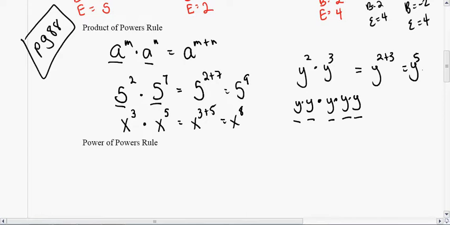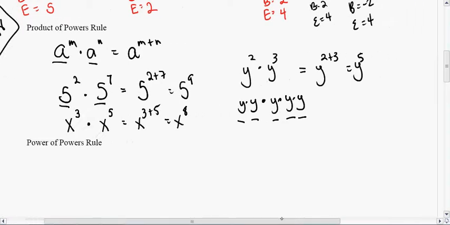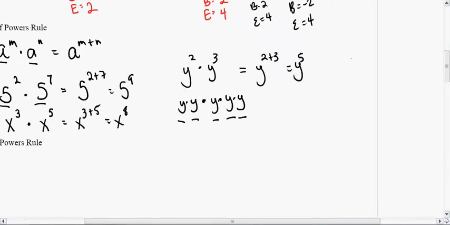Make sure that the bases are the same. If I have an example where the bases aren't the same, say I have x cubed times y squared, I can't go xy to the 5th, right? Because x cubed is x times x times x, and y squared is y times y. There's not 5 of anything here. So in that case, because the bases are not the same, it just stays exactly how it is.